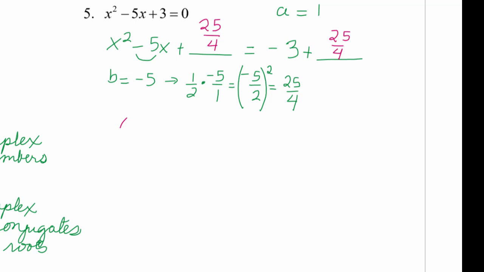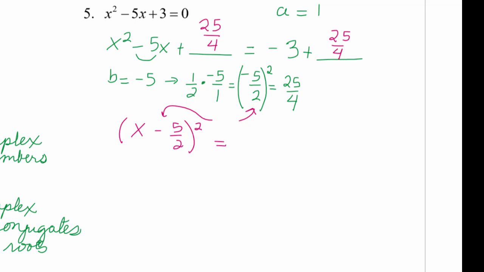So to factor the perfect square trinomial on the left, if you recall from our previous work on completing the square, this guy that you squared, that's what goes here: x minus 5/2 squared.